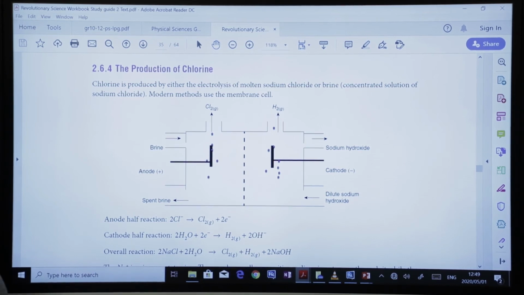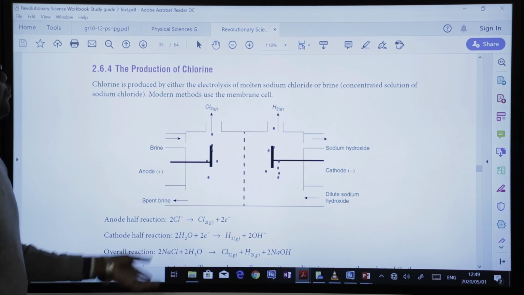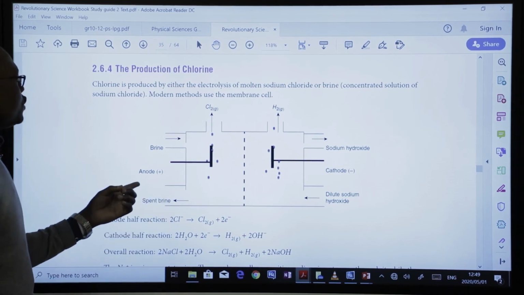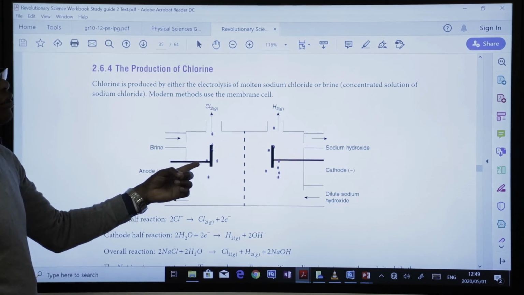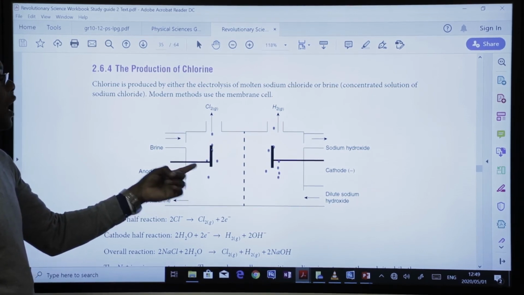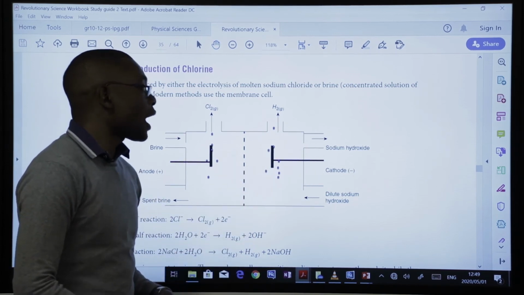We know that our oceans are rich with salt water. Salt water is called brine, and most of those salts are chloride salts. So if you take the brine solution and put it in a tank like this, you have your anode, which can be a carbon rod acting as an anode, and yet another carbon rod acting as your cathode.